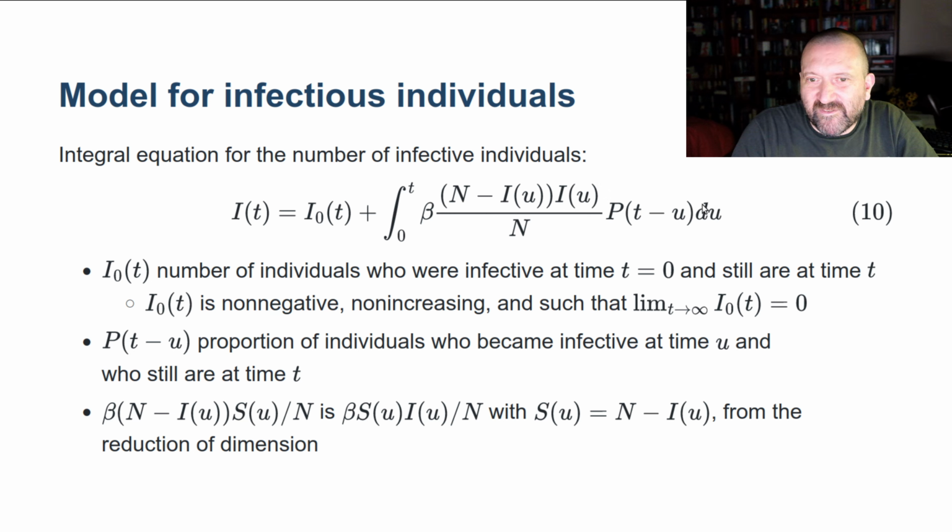Suppose I take u equals t, then this is essentially the infection happening right now, and P of t minus u, when u is equal to t, is P of 0. And remember that a survival function is 1 at 0, because it's the initial moment when you become something, and so your probability of being there is just 1. And so you see how this term comes.